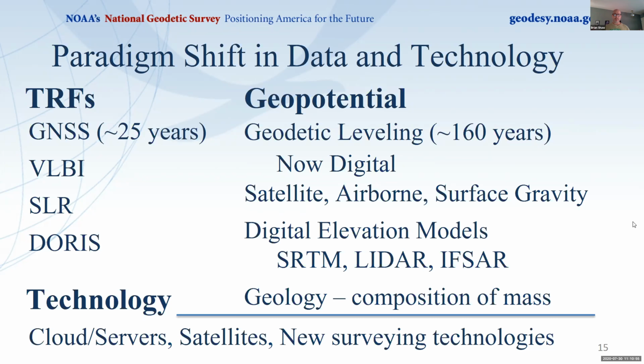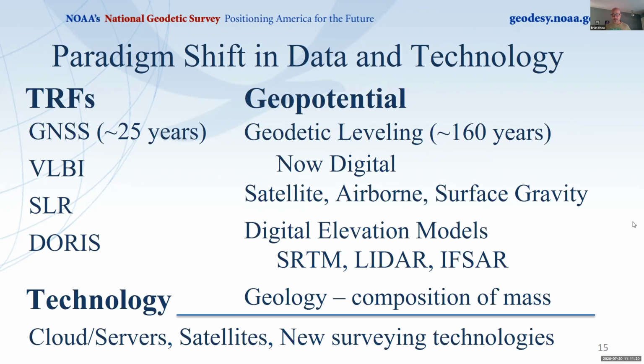Understanding this geopotential, we've got satellites up in orbit now giving us satellite gravity models. We're going out and collecting airborne gravity, and we've got much more accurate surface gravity. And so by tying these three gravity references together, we're really getting a much more accurate representation of where water will flow and what true sea level heights are.